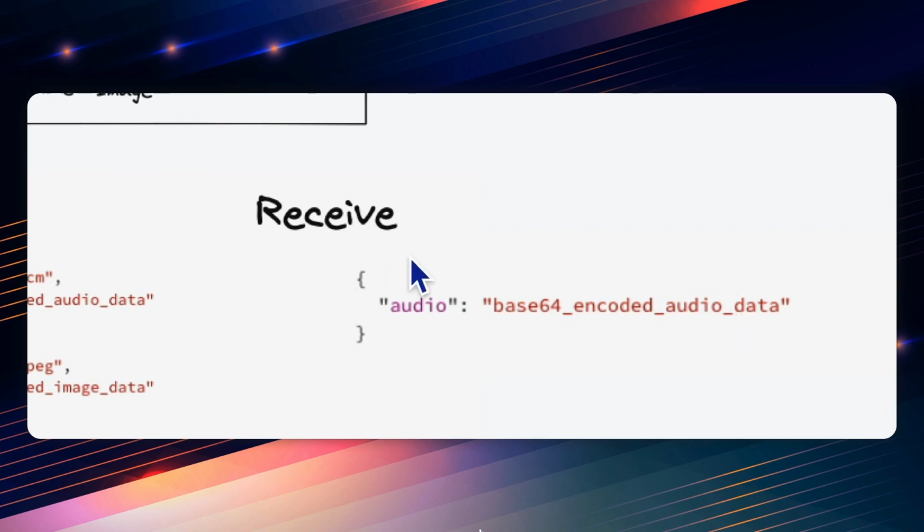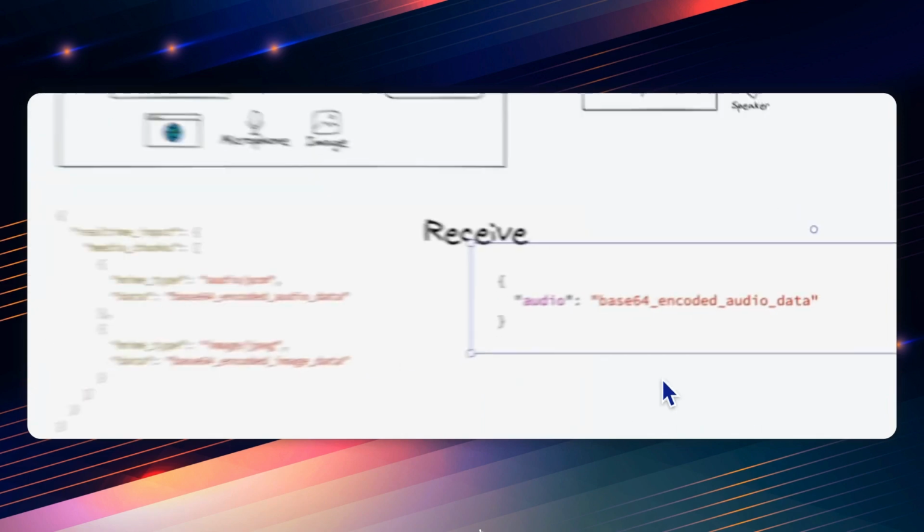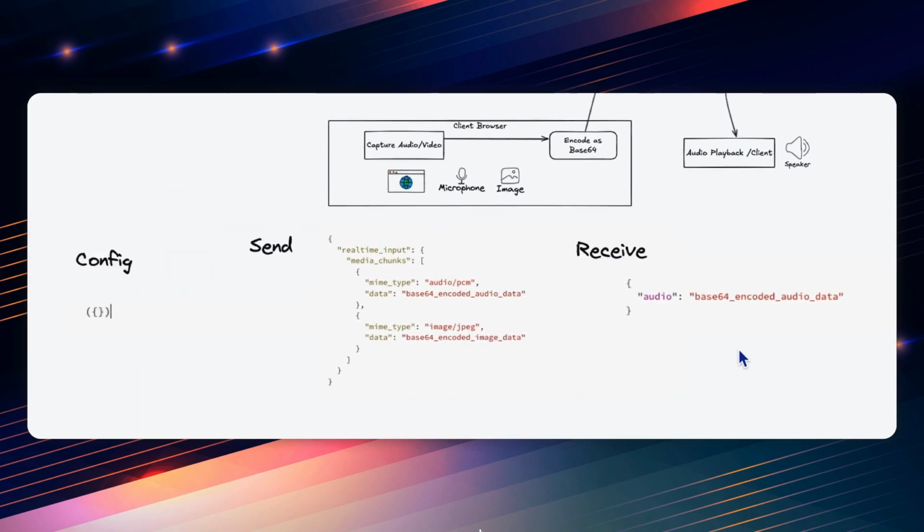But you should be careful that it's typically at a 24K Hertz sample rate, because we have to be aligned with Gemini's Multimodal Live API. So this data will be needed for the front end to play it back.